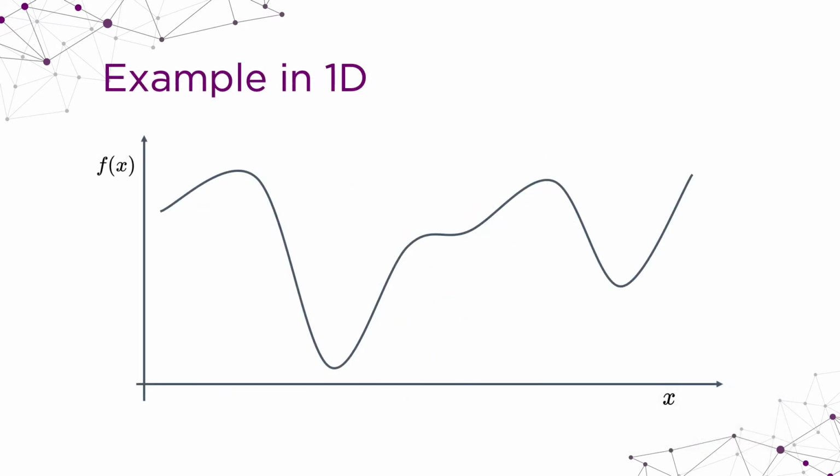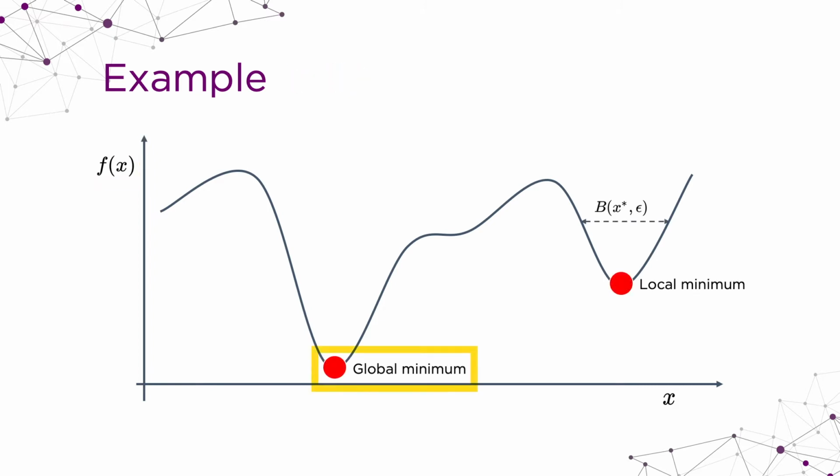So one example in 1D: I have only one parameter, and this is the loss for all the values of this parameter. And I will identify my minima. I have one global minimum here. You can see that there is no other point of f of x which will go lower than this point. And I have one local minimum here because I can take a neighborhood with epsilon that fits well.